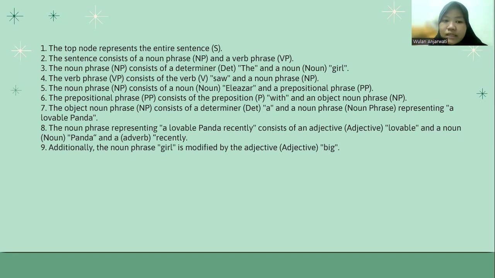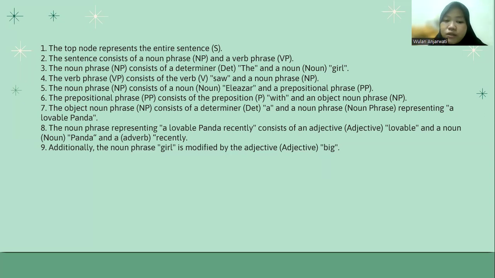The noun pair consists of a noun "Eleazar" and a prepositional phrase. The prepositional phrase consists of the preposition "with" and an object noun pair. The object noun pair consists of the determiner "a" and a noun pair representing "lovable panda".